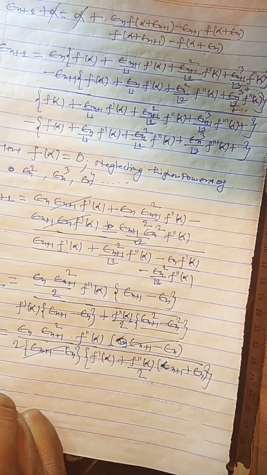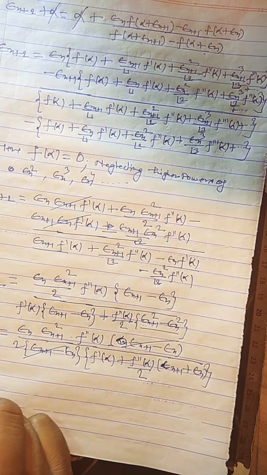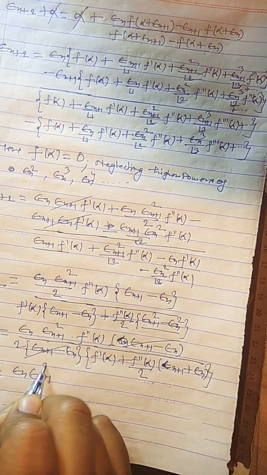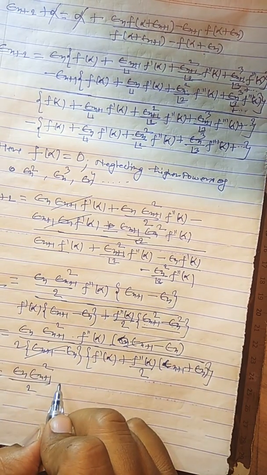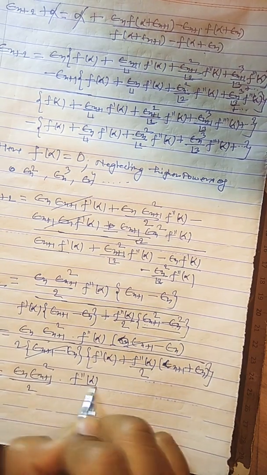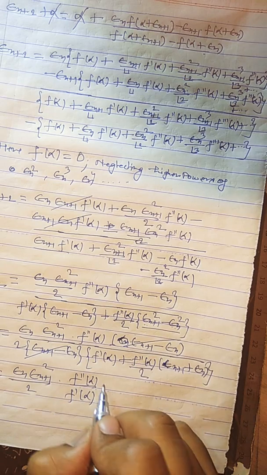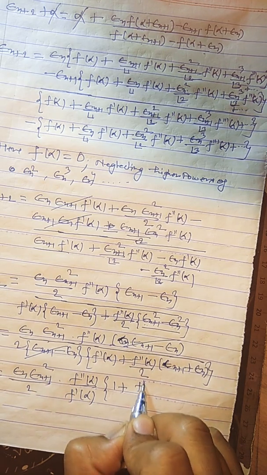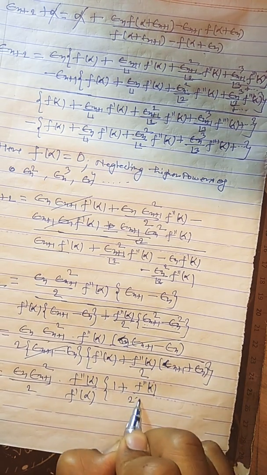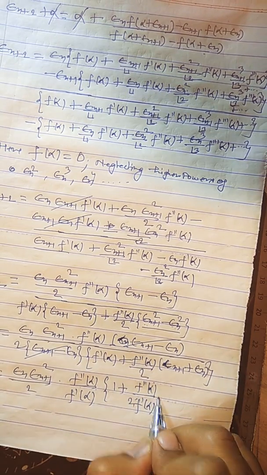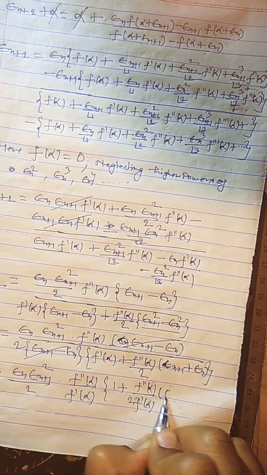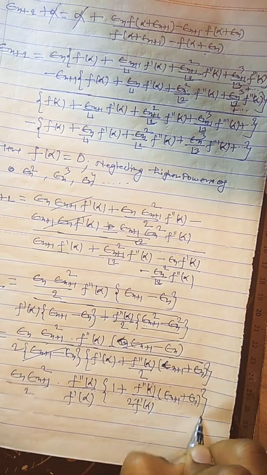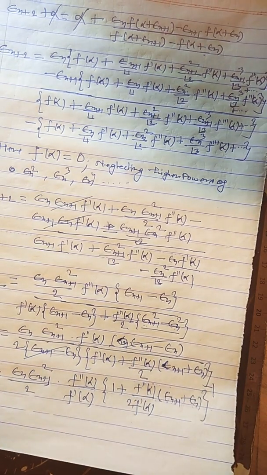Now we have epsilon n plus 2 is equal to epsilon n plus 1 whole square upon 2, and here we have f double dash alpha upon f dash alpha into 1 plus f double dash alpha upon 2 f dash alpha into epsilon n plus 1 plus epsilon n, to the power minus 1.